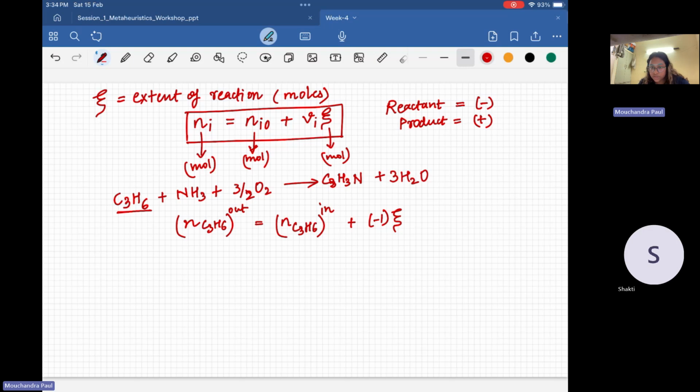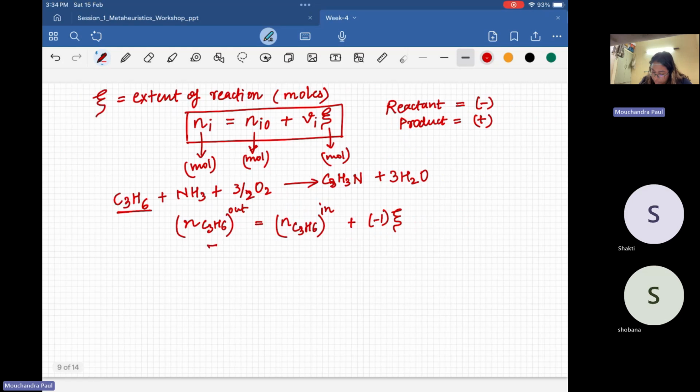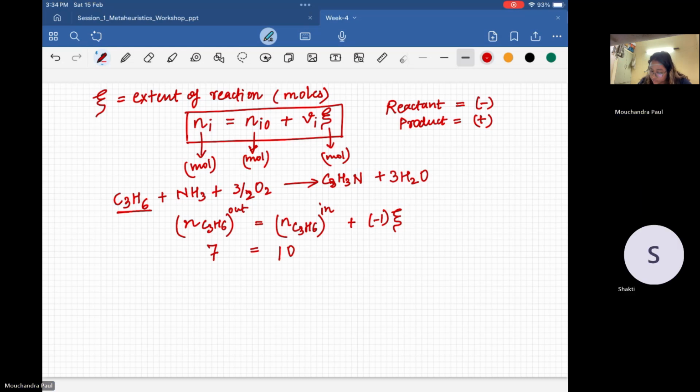We already calculated the number of moles of propylene coming out, 7 moles, and 10 moles is entering, so 7 = 10 minus xi. So xi will be 3 moles.